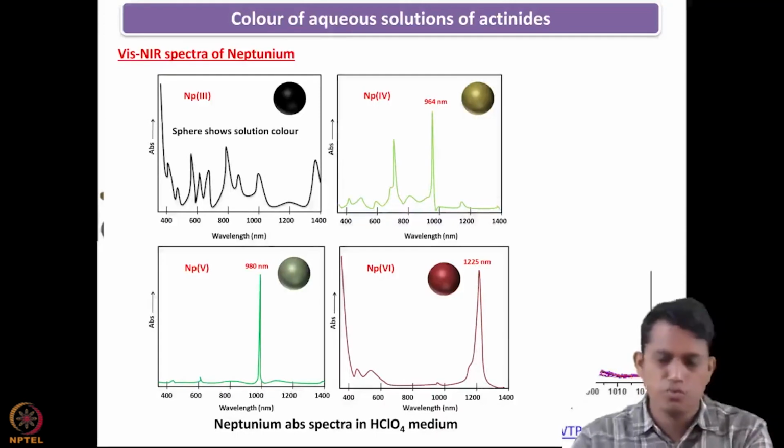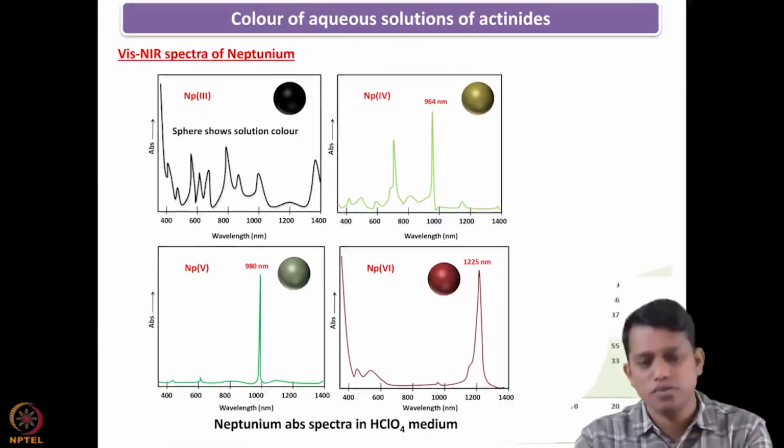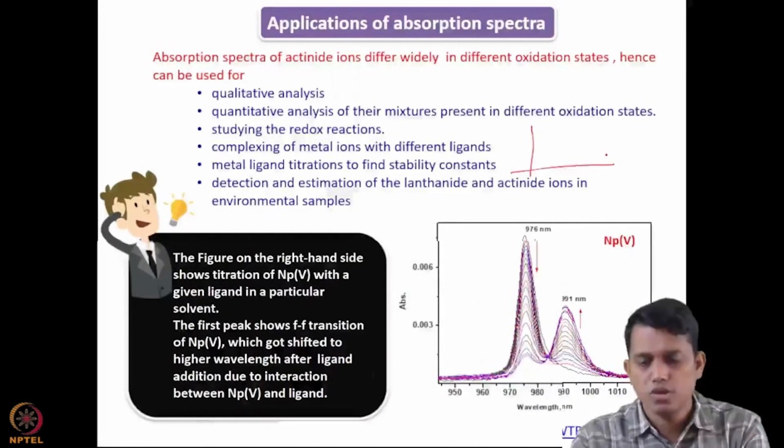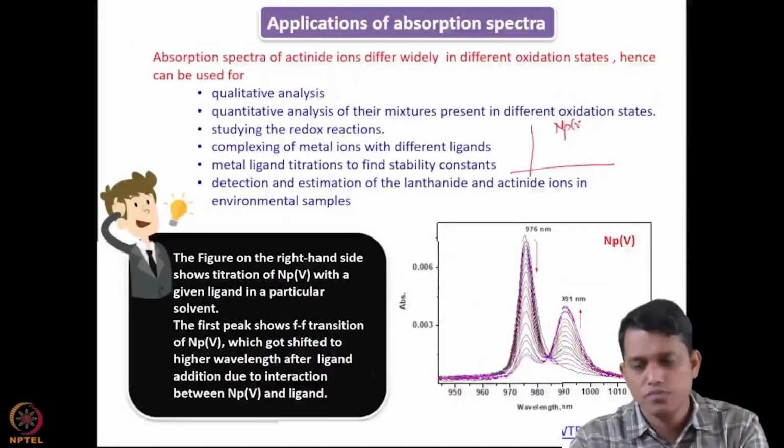Even in the case of a mixture, suppose I have a mixture of neptunium 5 and neptunium 4. We know that the neptunium 5 peak is coming around 980 and the neptunium 4 peak is coming around 960.